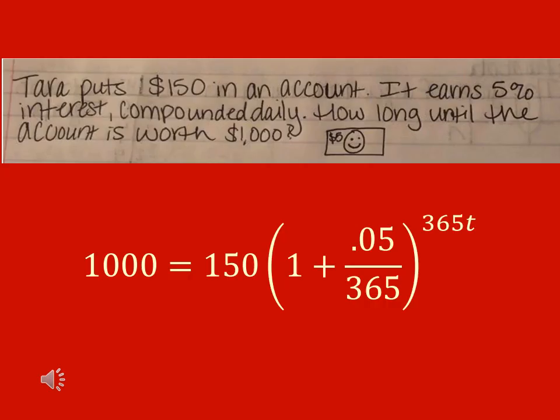So here's our equation. In the end, we want to have $1,000. That's going to equal what we start with, 150. Then we've got 1 plus 0.05 over 365 because it's daily, to the 365t power.